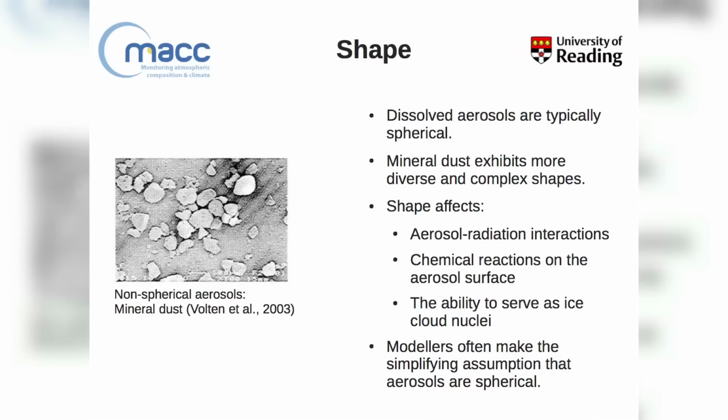Finally, let's talk about a property that is perhaps less investigated, at least in the global aerosol models, which is the aerosol shape. So, perhaps not surprisingly, dissolved aerosols are spherical, so they are basically very small droplets of water with a dissolved aerosol.